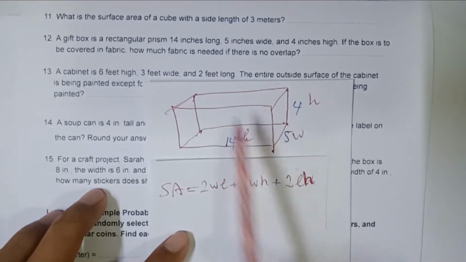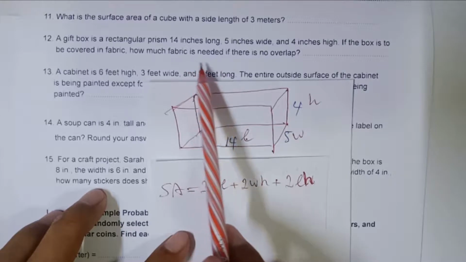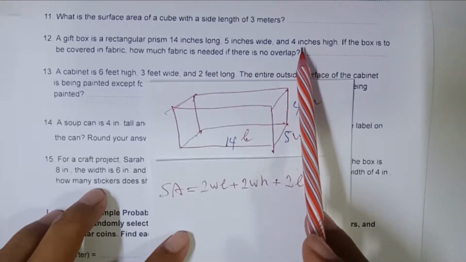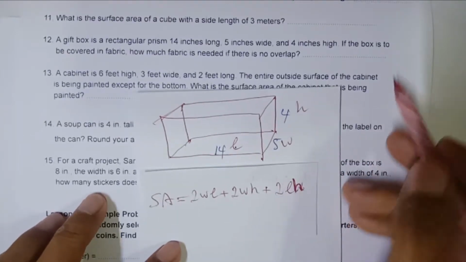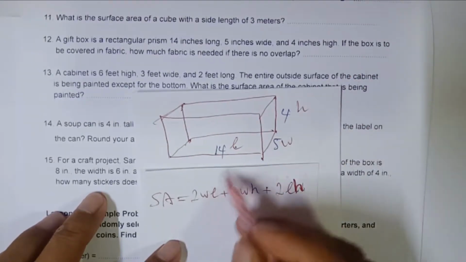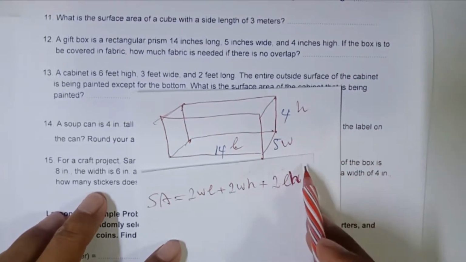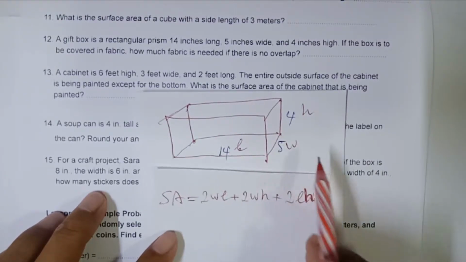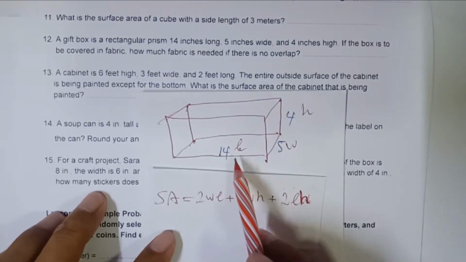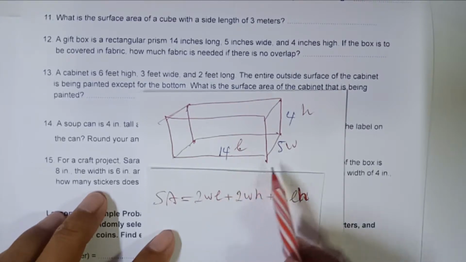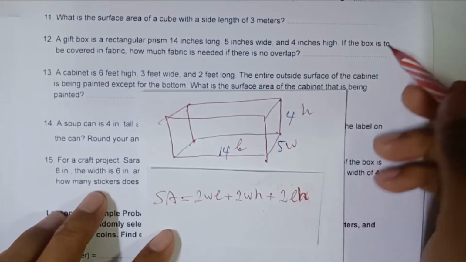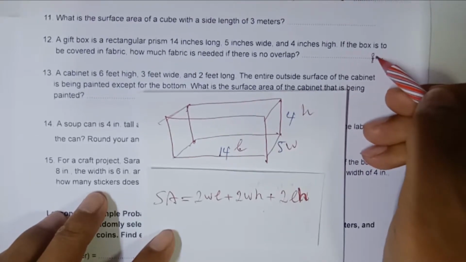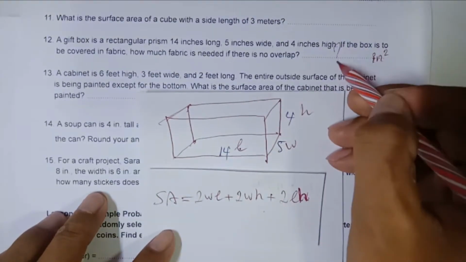Make sure that your answer, this is the surface area, must be in square inches. So number 12, you need to do the calculation by yourself. I already gave you the symbol and the value of each letter, so you need to find that based on this formula by yourself, and the answer must be in square inches. Let's find out this one by yourself.